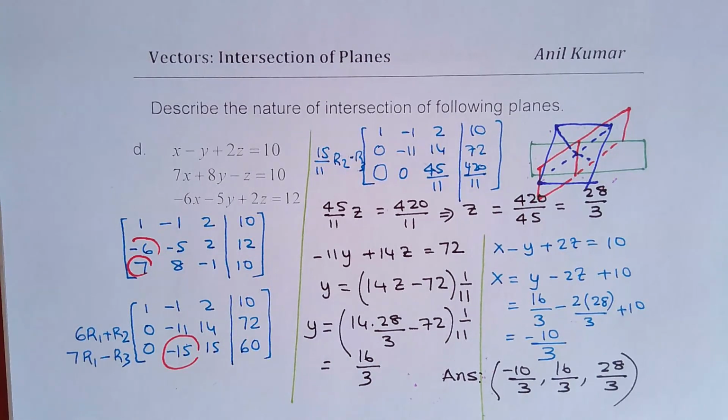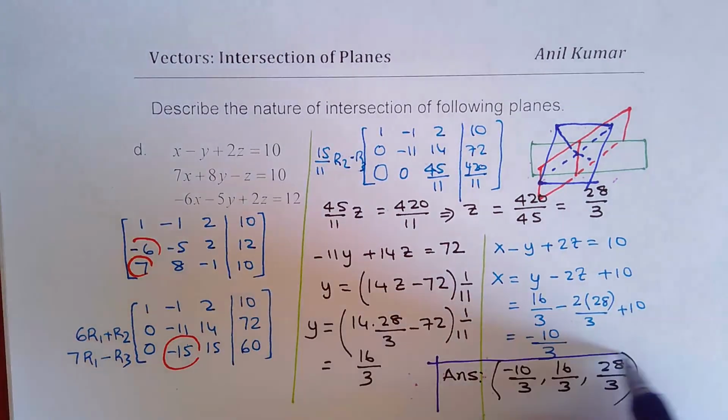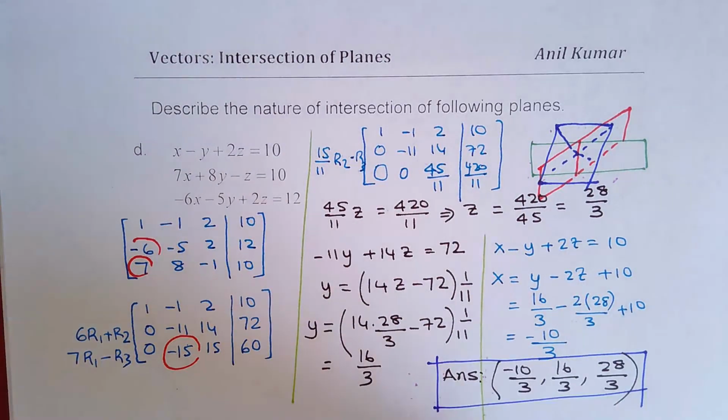So I think with this example, you understand how to solve intersection of three planes using augmented matrix. So I hope with this you learn how to find intersection of planes, especially when three planes are given to us.